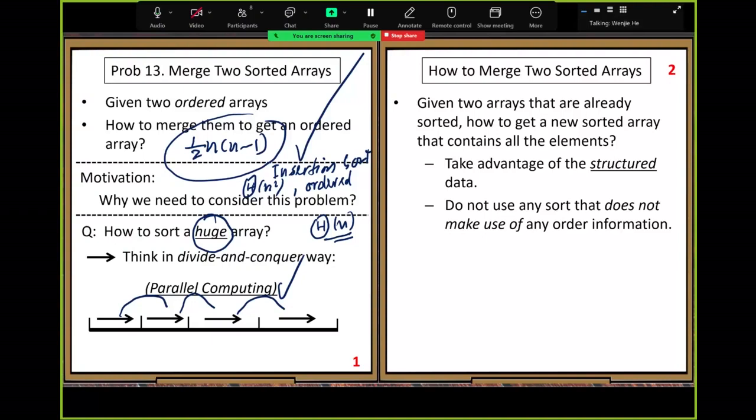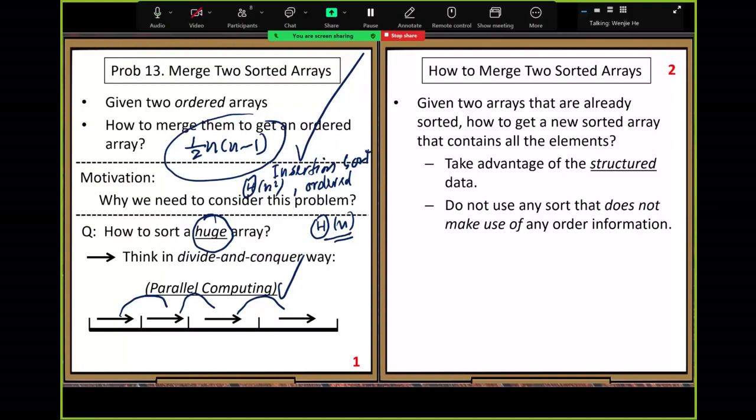That's how we learn from experience. If you do not have any experience, it's hard, right? When you solve a problem, if you do not have any experience, you need to do everything from scratch. That's hard. Now we have a lot of experience. So the insertion sort, that's our experience.